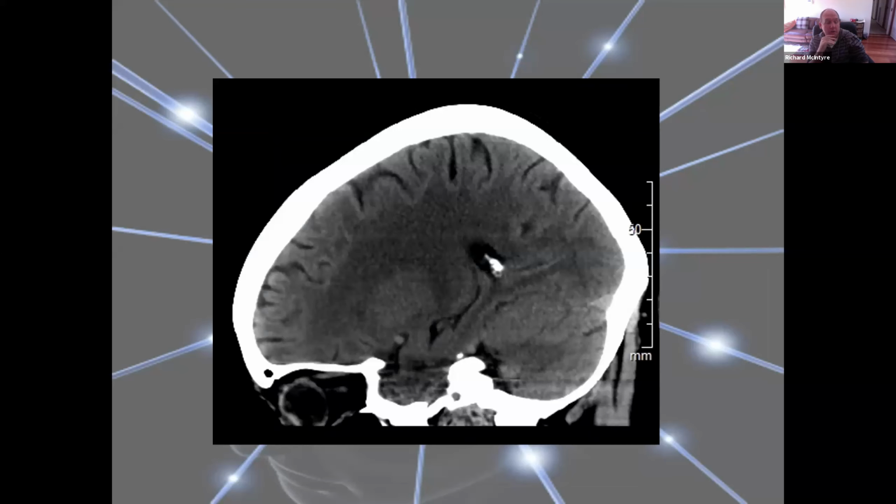T1 or T2? Anybody else? Is it T1? I asked a trick question and I was a nasty man. Anyone else? Or would you like to? This one you can see, it's a CT. It's a CT, yeah.